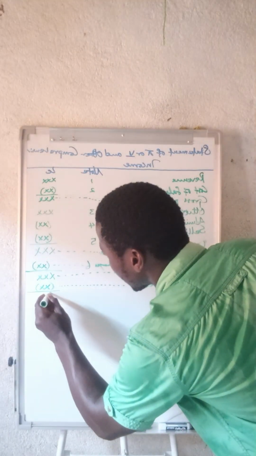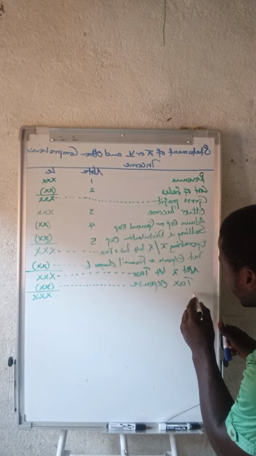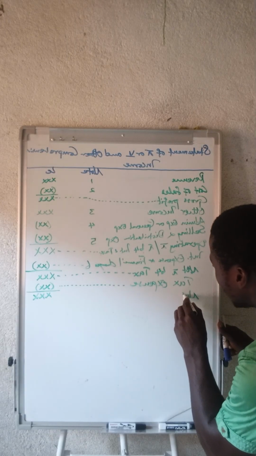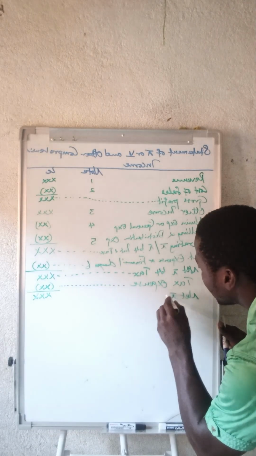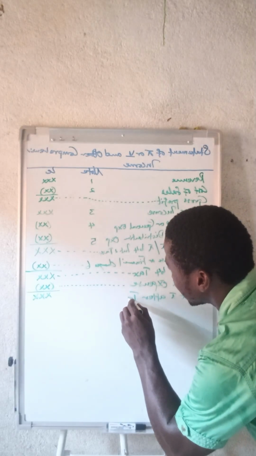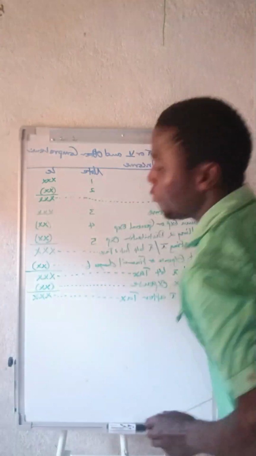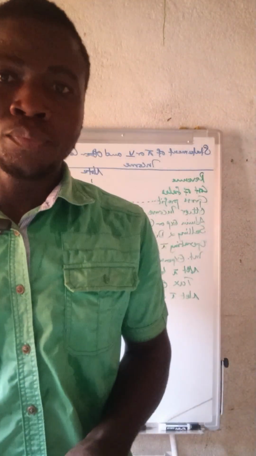Now, after the deduction, we arrive at what's known as the net profit after tax. Profit after tax. Now, after the deduction of our tax expense, we arrive at our profit after tax.